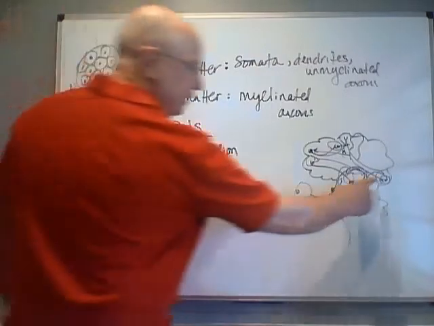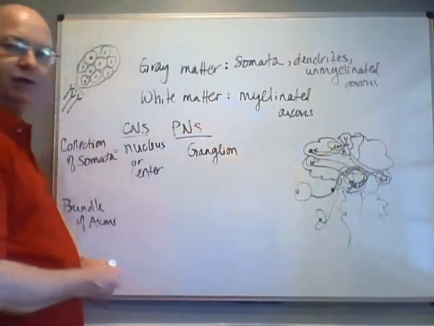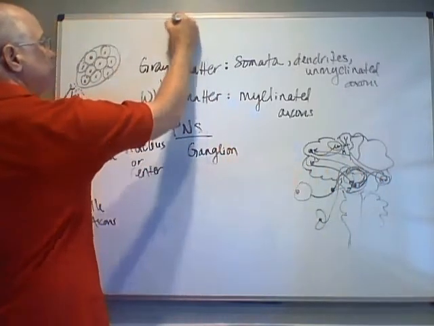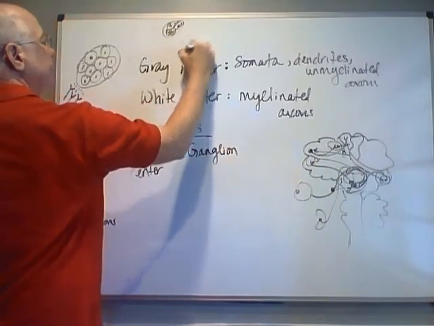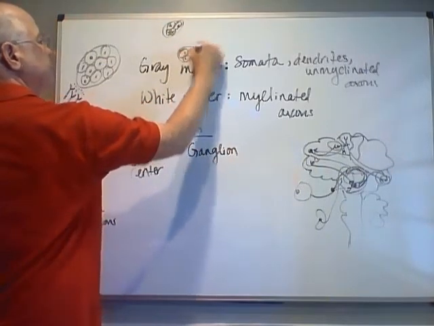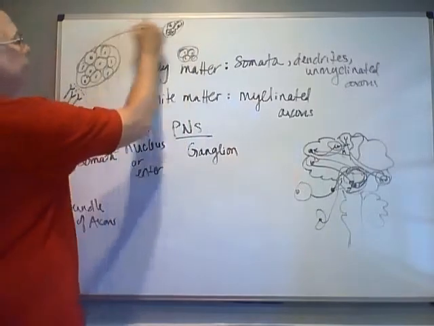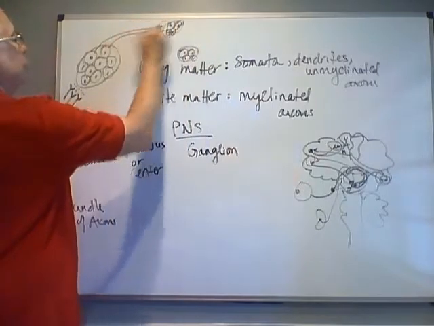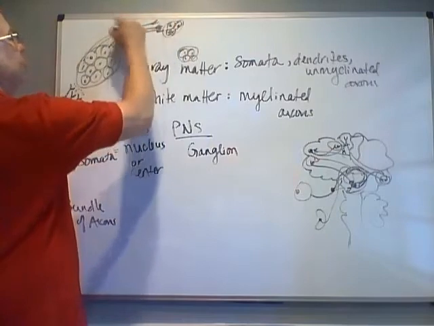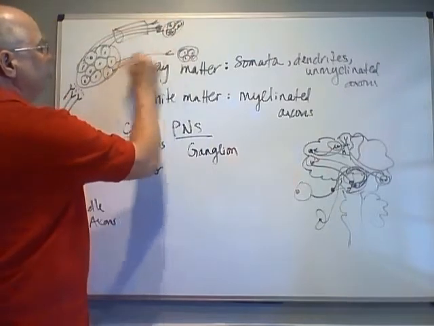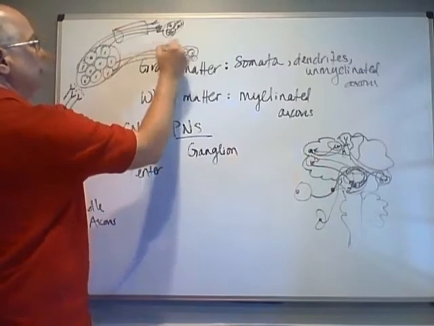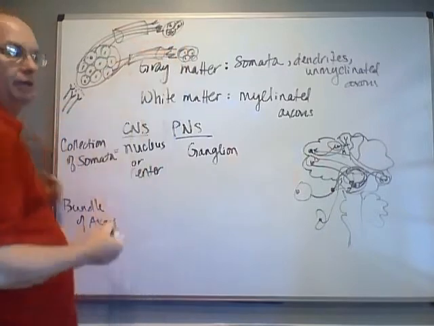For example, if these cells had to fire on two different other nuclei or centers, I might have a group of neurons over here that process information and a group of neurons over here that process different information. Some of these cells would send axons all to this location, and I would bundle those up in a much larger cable. And some of these cells might send axons to this location, so I would bundle those up in a different cable.